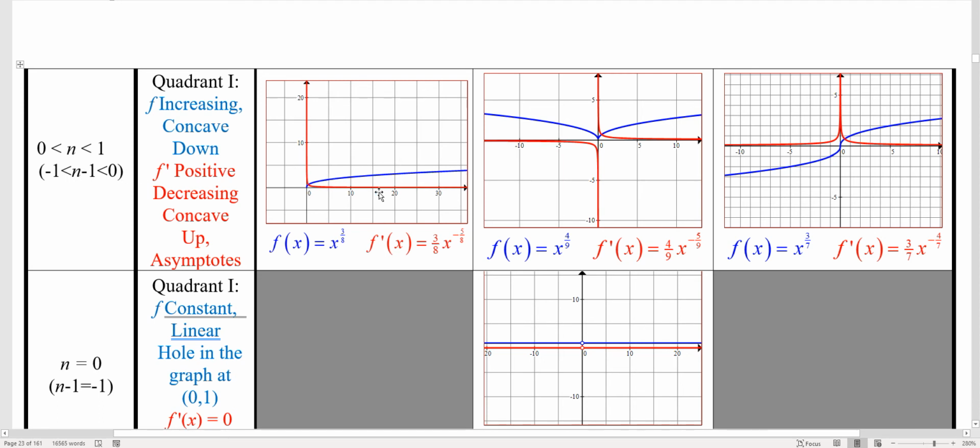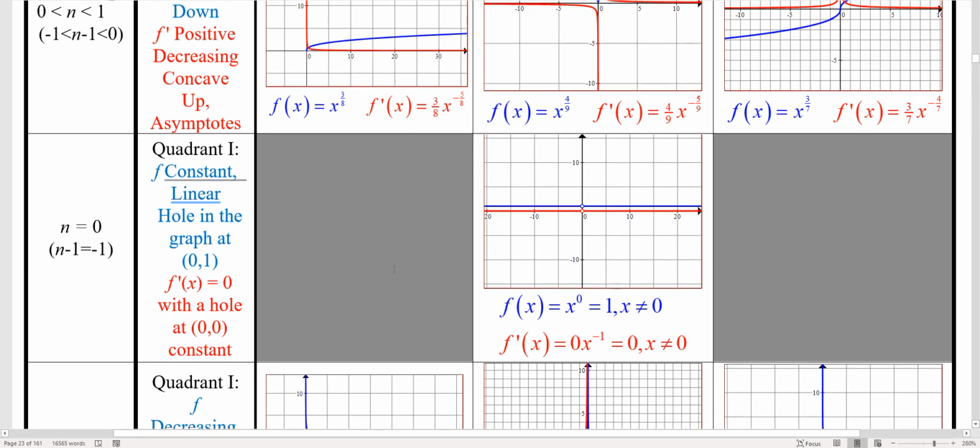So it's going to have vertical and horizontal asymptotes, decreasing concave up in the first quadrant. If n is 0, then that's a horizontal line with a hole in the graph, and its derivative is also a horizontal line with a hole in the graph. It's y equals 1 for the original function, y equals 0 for the derivative, but they're both undefined at x equals 0.